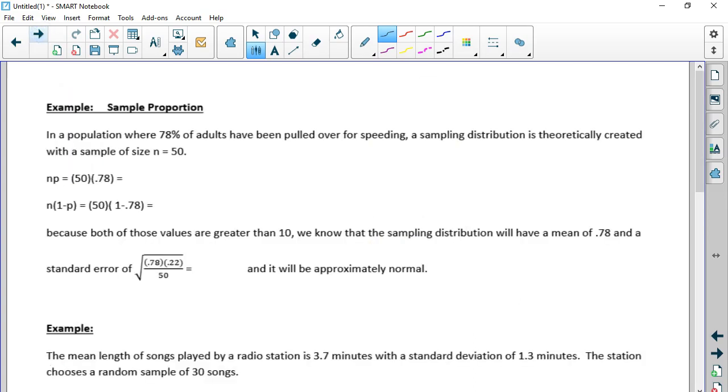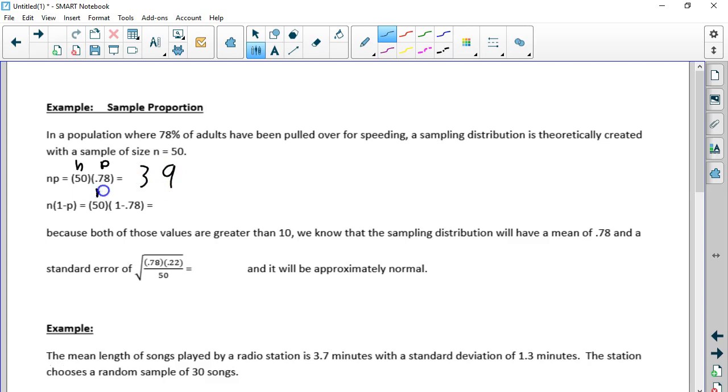Okay, in a population where 78% of the adults have been pulled over for speeding, a sampling distribution is theoretically created with a sample size of 50. So, n times p, n of 50 times p, type in our calculator, and we get 39.